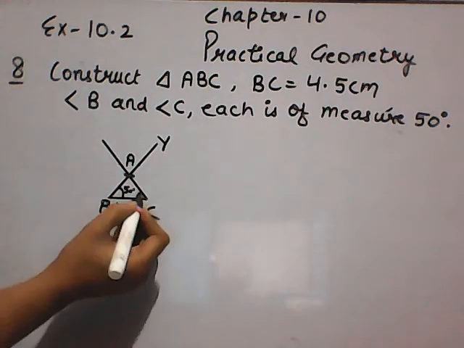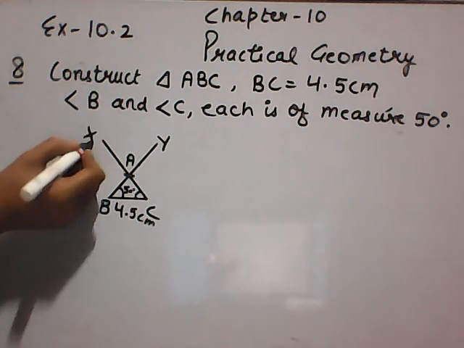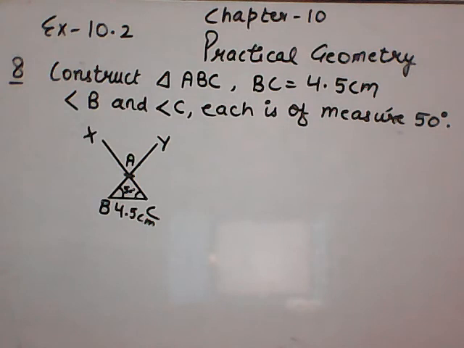Now at point C, you have to draw 50-degree angle with the help of protector. Now, where CX ray and BY ray meet, it is the point of intersection and name it as A. Now, it is the required triangle ABC. In this way, you have to construct triangles. Let's move to next question.